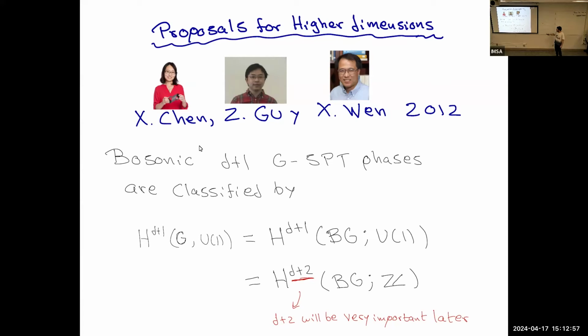So you're computing things you've seen, but instead of toruses and things like that, whenever you have symmetry, usually this space or something similar crops up, and these things can be quite complicated. You've probably normally seen only cohomology with integer coefficients. There's a U(1), and it's not hard to show that you just add a degree here and instead use C coefficients, which is the normal cohomology you're used to. And this D plus 2 will be very important later on, so keep in mind that number, D plus 2.